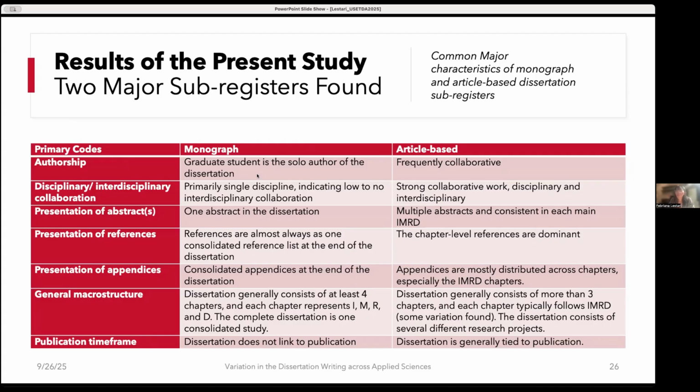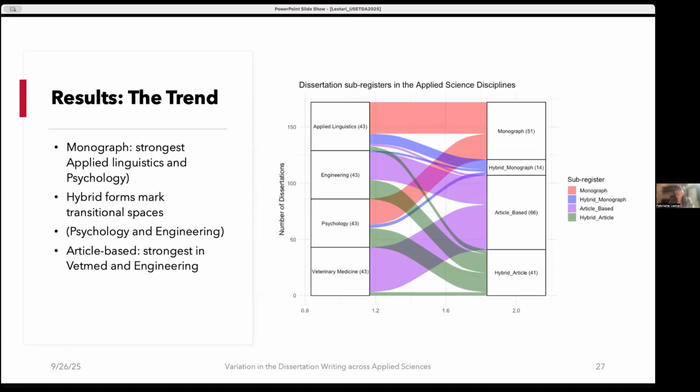While for the publication time frame, the monograph dissertations commonly do not link to any publication, but the article-based dissertation is generally tied to publication. So this leaves us with the question, what is going on in each discipline? Now, here is the trend, as I mentioned earlier, that monograph dissertation occurs a lot in applied linguistics, followed by psychology, and we can see that veterinary medicine is dominated mostly by the article-based dissertation.